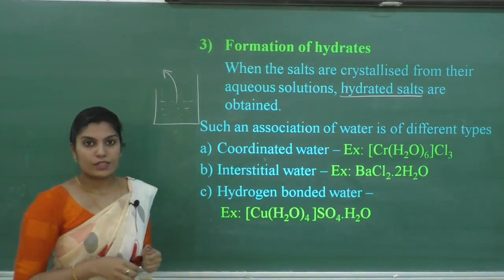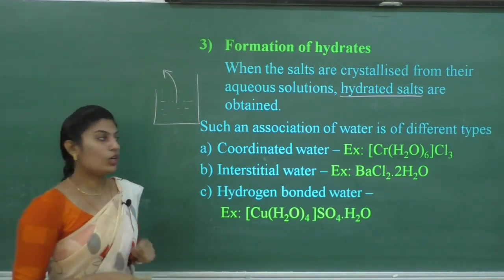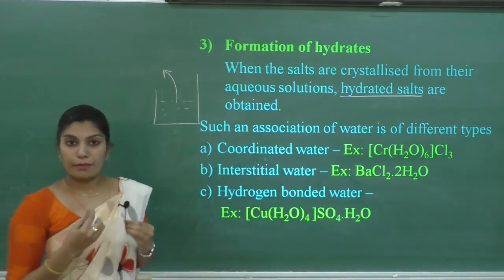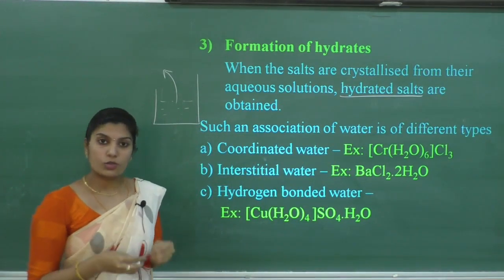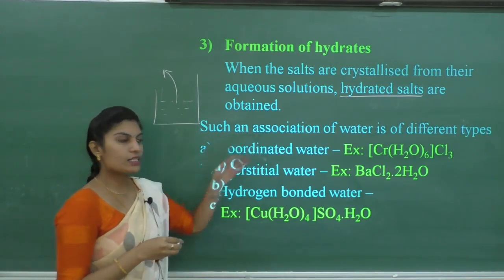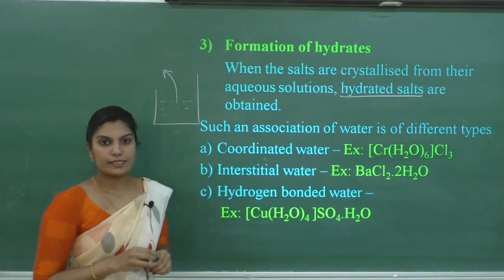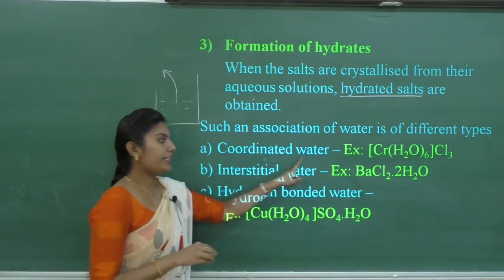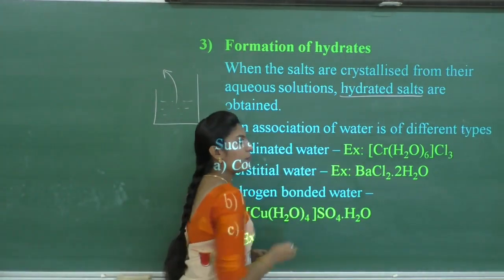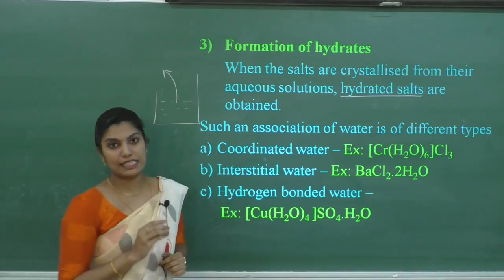These hydrated salts are further classified into different types based on the association of the water molecule in the crystal lattice. The first type is coordinated water. For example, consider chromium hexaaqua chloride, [Cr(H2O)6]Cl3.